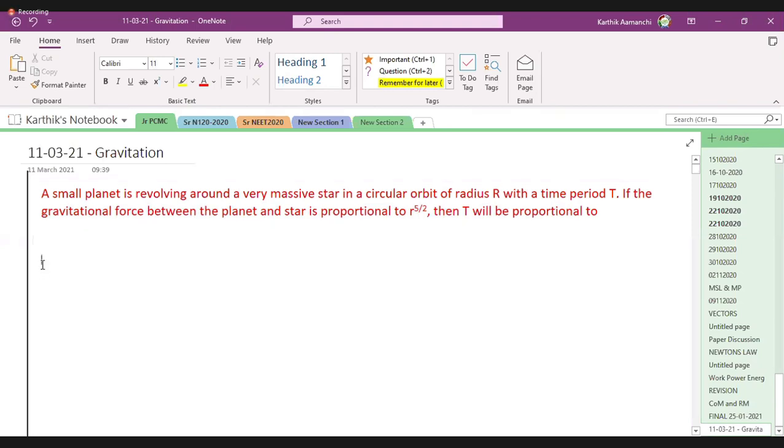Yeah, you have to give me the time period in proportion to radius. How much will it be?